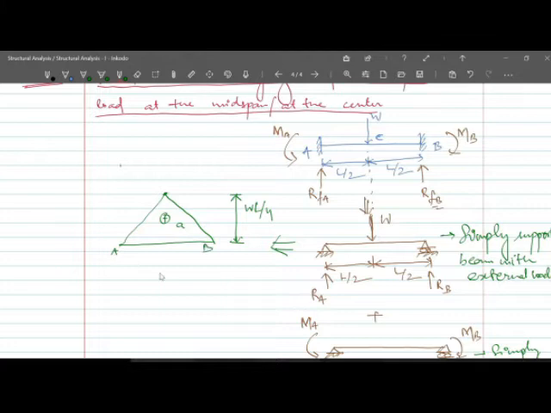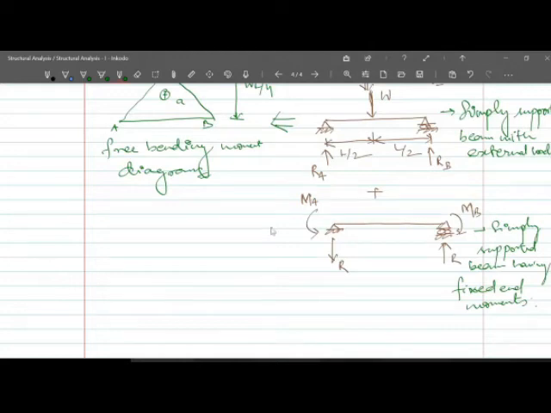Okay, so as I already mentioned, this is the free bending moment diagram, and for this one we will have the fixed bending moment diagram. So how will it be the fixed bending moment diagram?